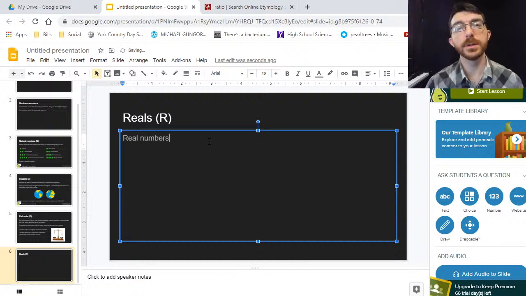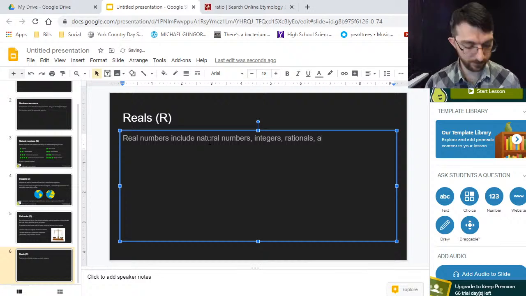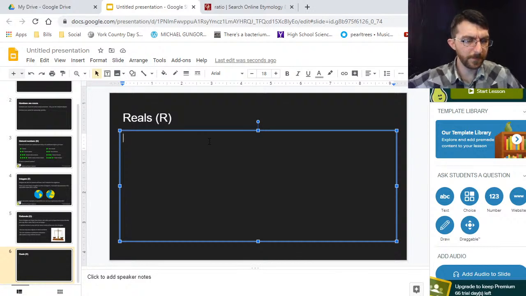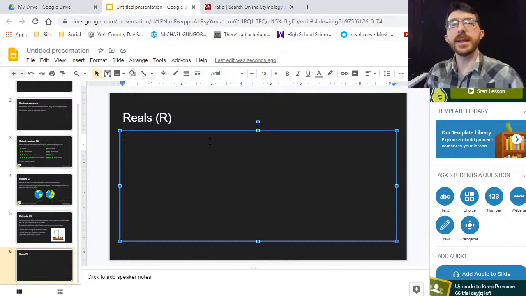Real numbers include natural numbers, integers, rationals. Now I want something that distinguishes real numbers. There's got to be some characteristic of algebra that makes them stand out.